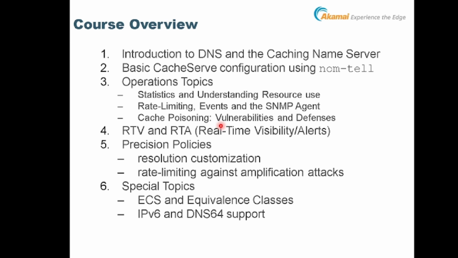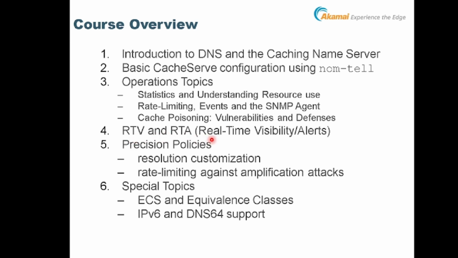That is one way to help secure some of the DNS interactions, but there are others that remain, and we can talk about some of those vulnerabilities that are specific to a caching server, specifically around cache poisoning and the built-in defenses that CacheServe has for reducing the likelihood that an attacker can exploit these weaknesses in the protocol.